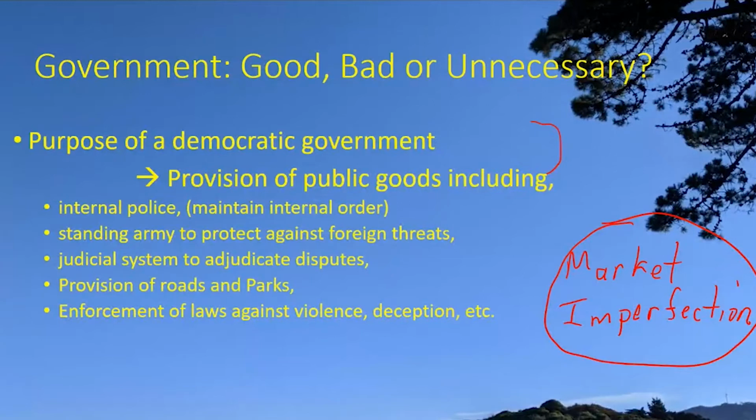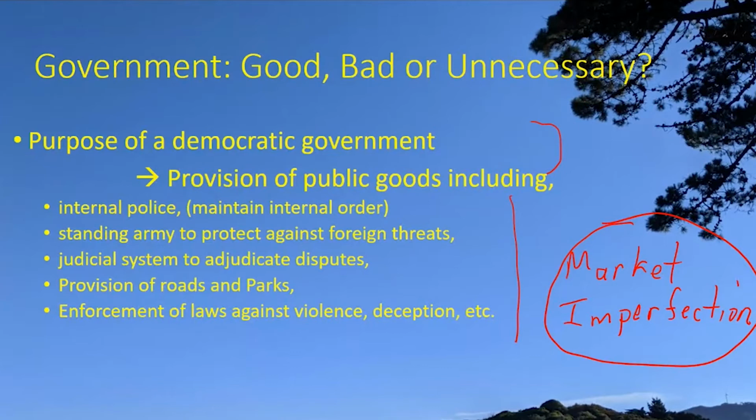The goods that have those features are listed right here and are often talked about as being the primary public goods that governments are there to provide. So, an internal police force to maintain internal order. If we have a society that is following the rules of the game, which means don't deceive each other, don't be violent towards each other, don't hurt each other, don't steal from each other, all of these are necessary ethical behavioral modes which help markets work more effectively.